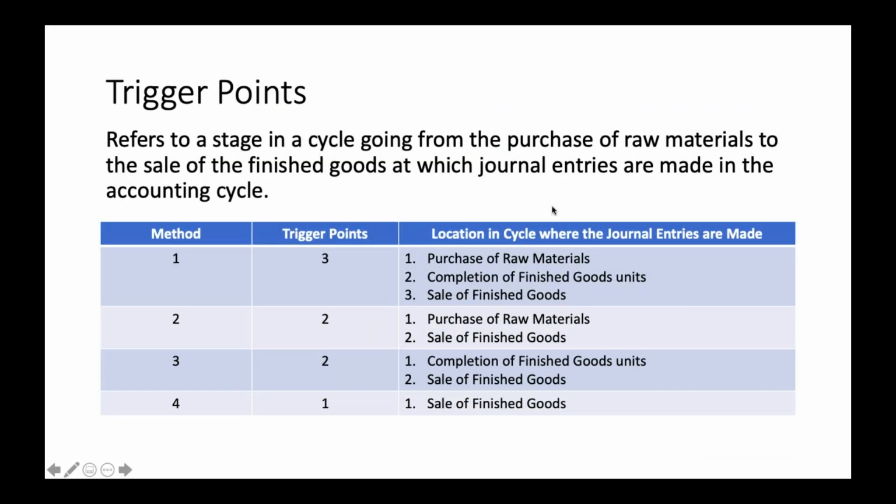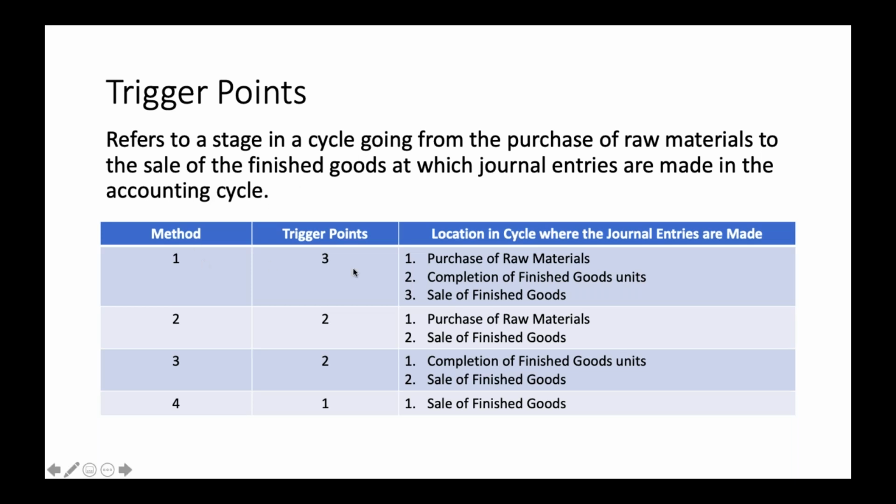Now, in backflush costing, we have what we call trigger points. This refers to stages in the cycle, from purchase of raw materials to the sale of the finished goods, at which journal entries are made in the accounting cycle. Meaning, the trigger points will be our hint when we are going to make journal entries.